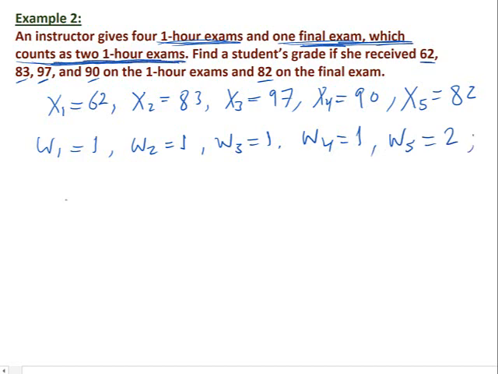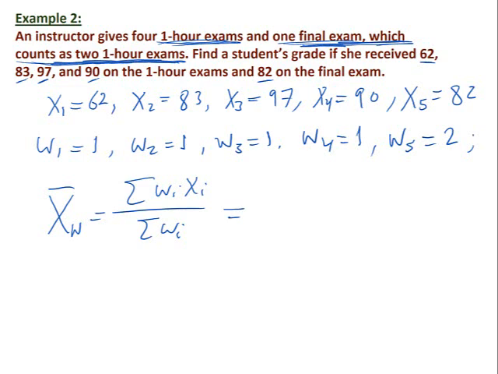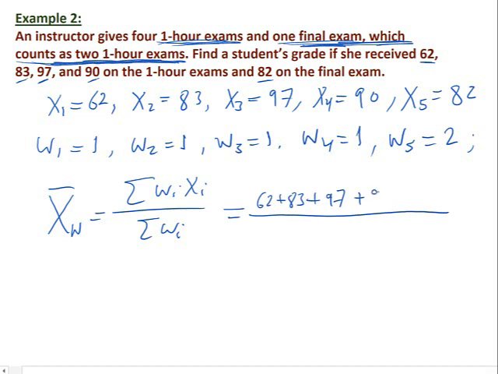So now the weighted mean x bar w equals summation of wi xi divided by summation of wi. So we just multiply 1 times 62 plus 1 times 83 plus 1 times 97 plus 1 times 90 plus 2 times 82, divided by the sum of the weights 1 plus 1 plus 1 plus 1 plus 2.